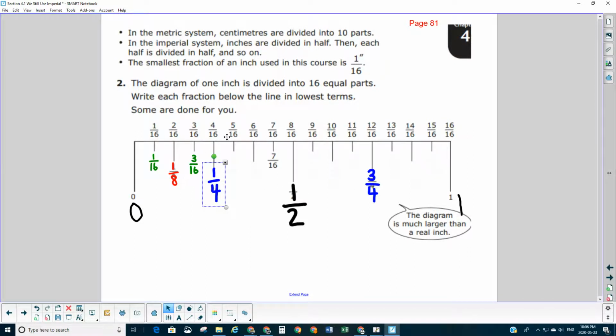All right. 5/16 is reduced down as far as we can go. 6/16, now I think you can divide the top and the bottom by 3. Or actually, no, just 2, I think. Yeah, 16 doesn't divide by 3.